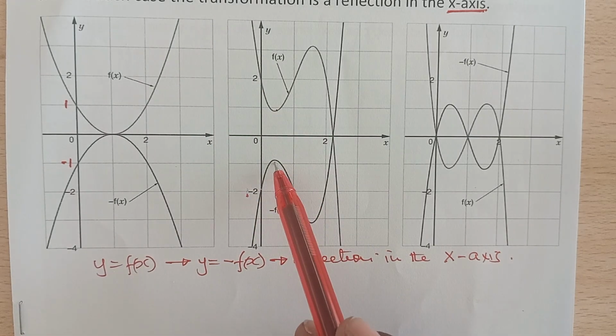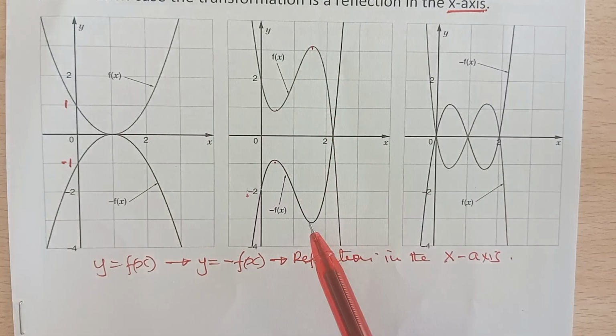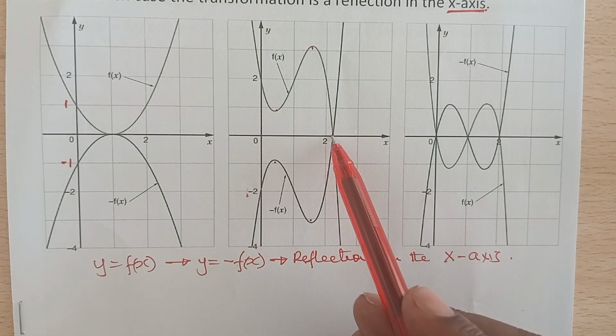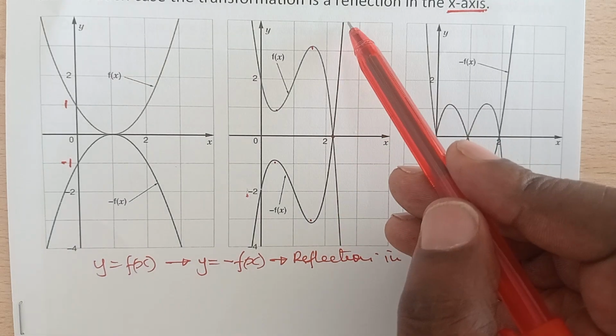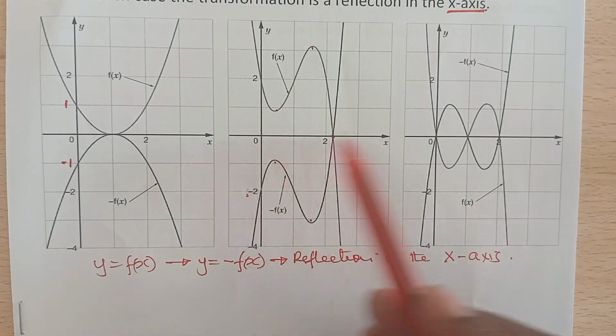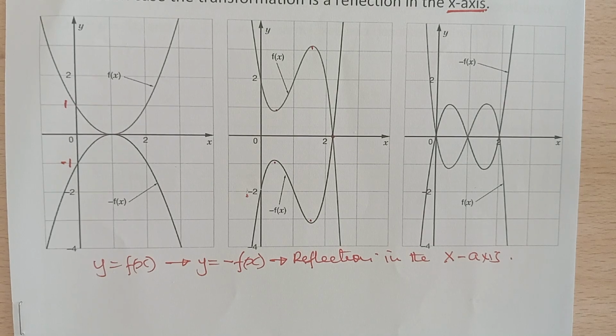This point is reflected here. This point is reflected here. This point remains itself. This point, which is towards the negativity of y, is reflected towards the positivity of y along the mirror line. And that is exactly how all these diagrams can be explained.